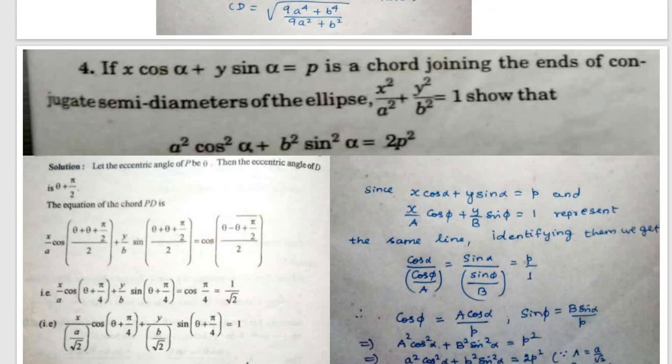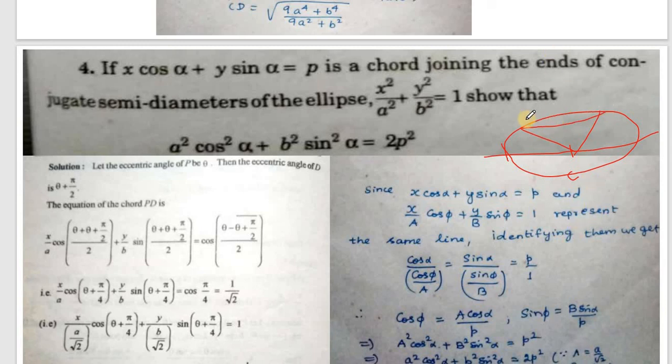So you have an ellipse and you have the center, say C. And x cos alpha plus y sin alpha equal to p is a chord joining the ends of the conjugate semi-diameters.